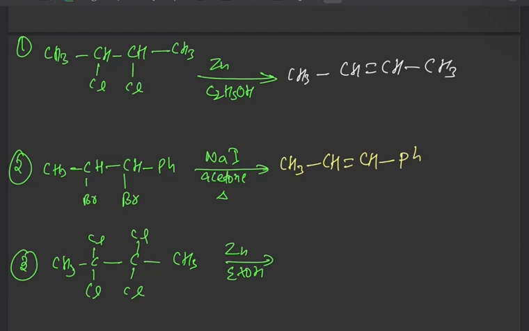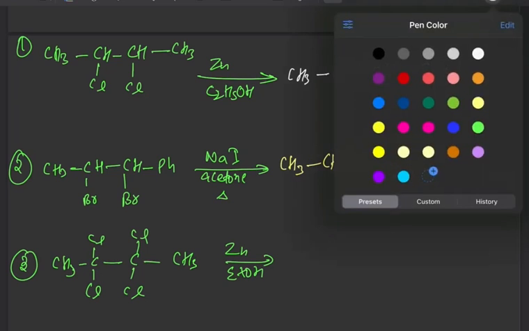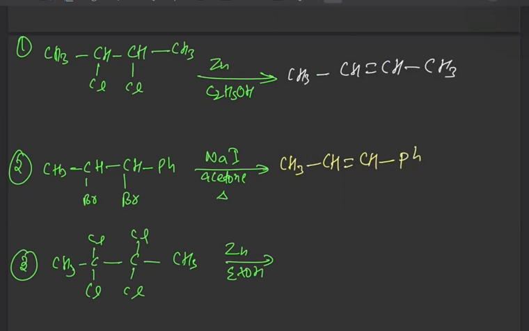If you will see, 2 chlorines will be replaced, then it will form what? Alkene. But again, there are 2 chlorines. So there is possibility of what? 2-time elimination. So there will be possibility of alkyne formation.